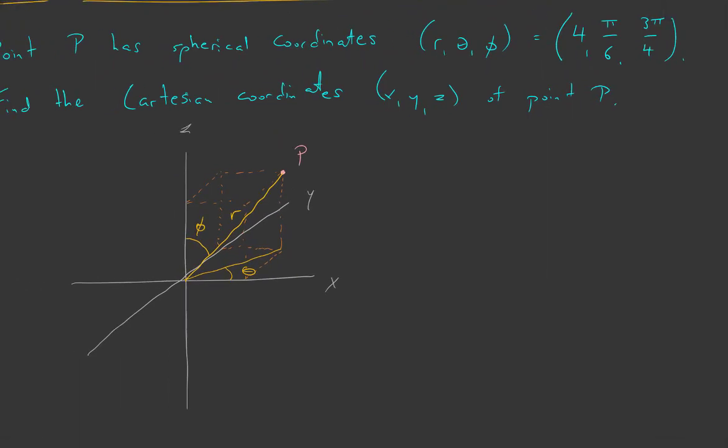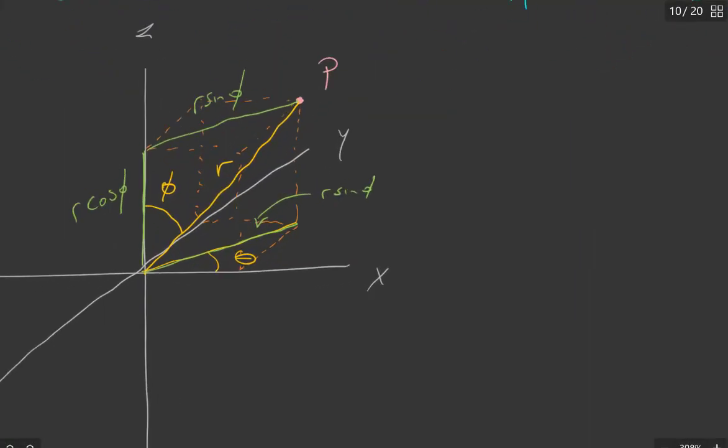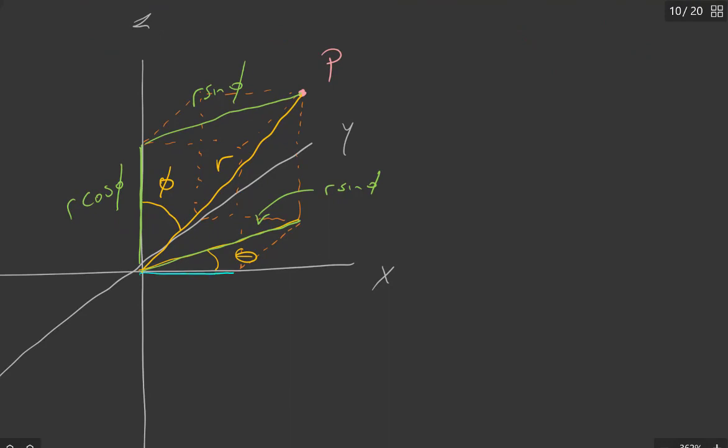So doing a little bit of trigonometry, we can see that this length here, the z coordinate, is just going to be r cosine phi, which means that this length here is r sine phi, and that's the same length that's projected down here, r sine phi, and that's the hypotenuse of this triangle that will give us the x-coordinate.